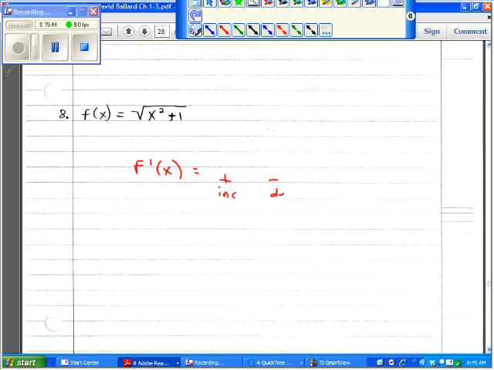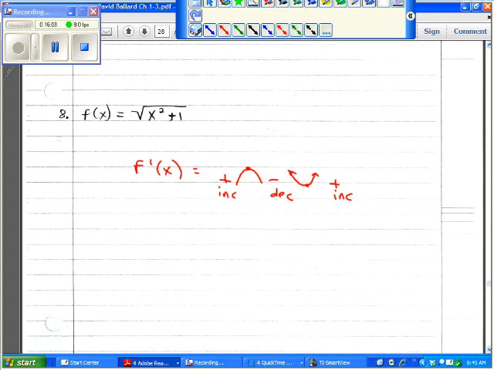If it's negative, it's decreasing. If it's going from increasing to decreasing, then at that critical place, there must be a relative maximum. Or if it goes from decreasing to increasing, at that particular point there must have been a relative minimum.